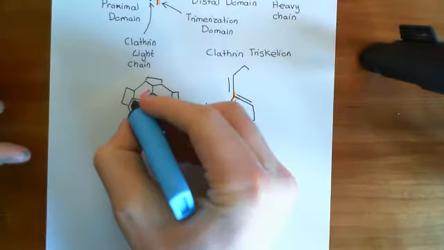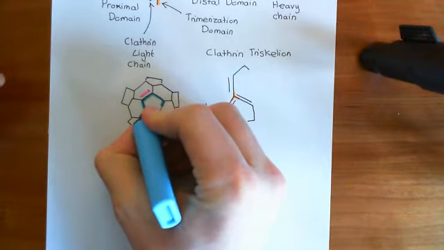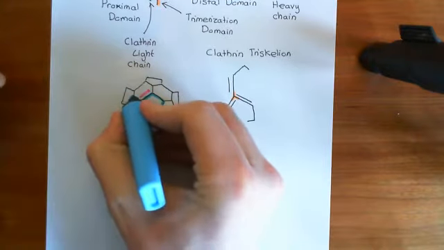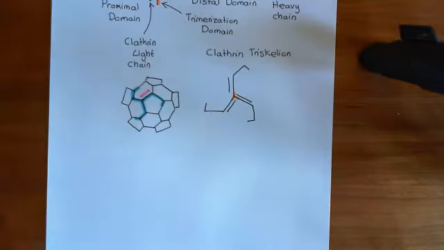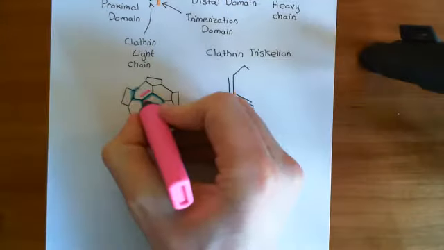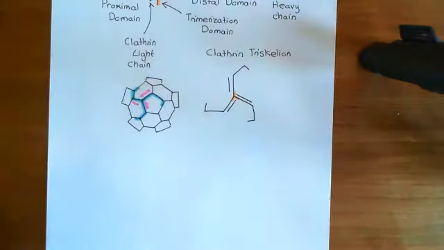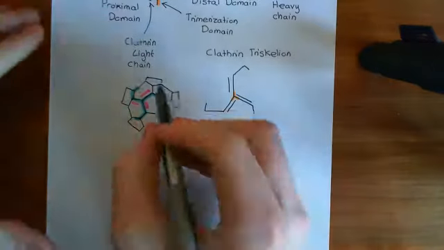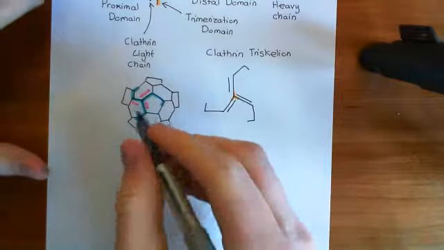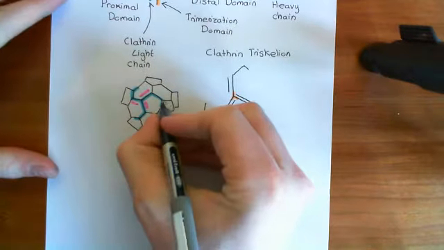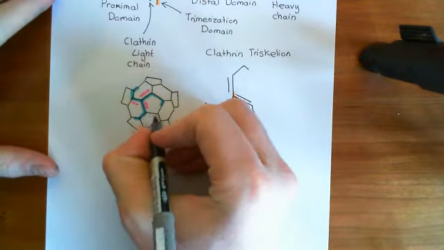So let's now turn it into a clathrin triskelion. So off here we'll have another clathrin heavy chain, and off here we'll have another clathrin heavy chain, like so. Okay, so there's a clathrin triskelion, and let me now just add in the light chains, 1, 2, 3. So that's a clathrin triskelion making up part of this buckyball structure. And now, you might put another one in and it won't be perfectly non-overlapping.